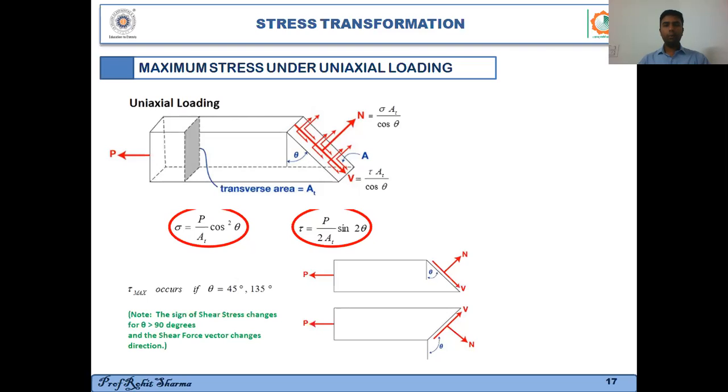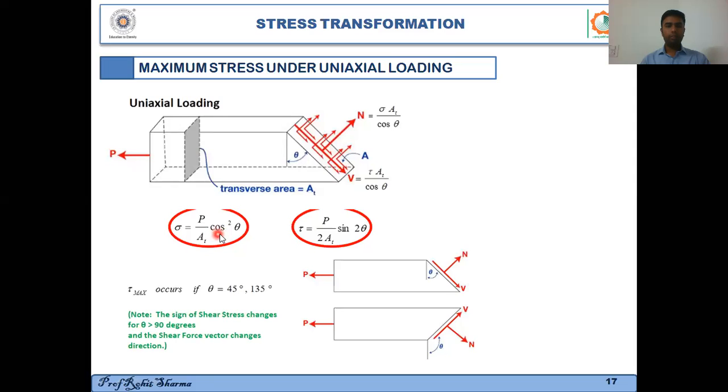Now, if I were to find the angle for which my normal stress is maximum, if you look at this formula, the value will depend upon the value of cosine square theta, because P is the external applied load, which is constant, and A_T is the transverse area, which is also constant.